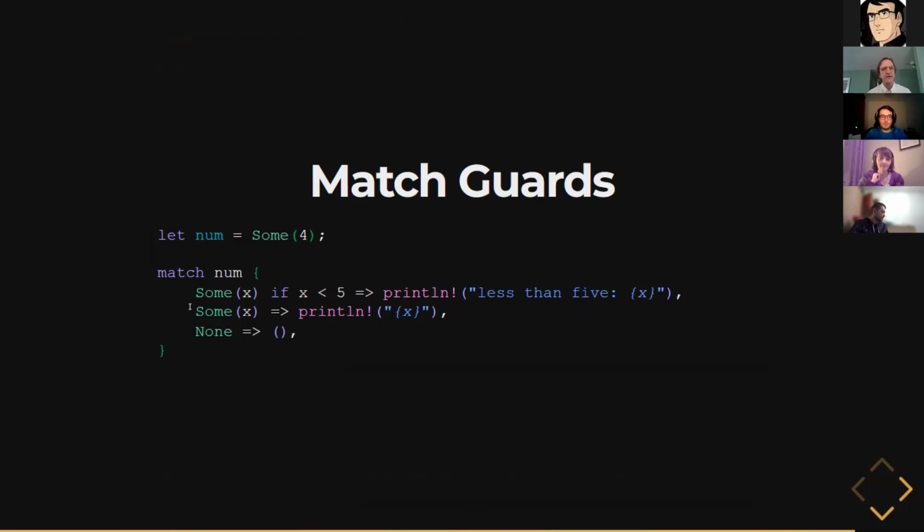I don't think it's okay to put some x if x is greater than or equal to 5. Rust doesn't check the match guards as part of its exhaustive check. So this wouldn't count as exhaustive until we have an underscore or this guy without any conditions on it to take the rest of the cases into account.